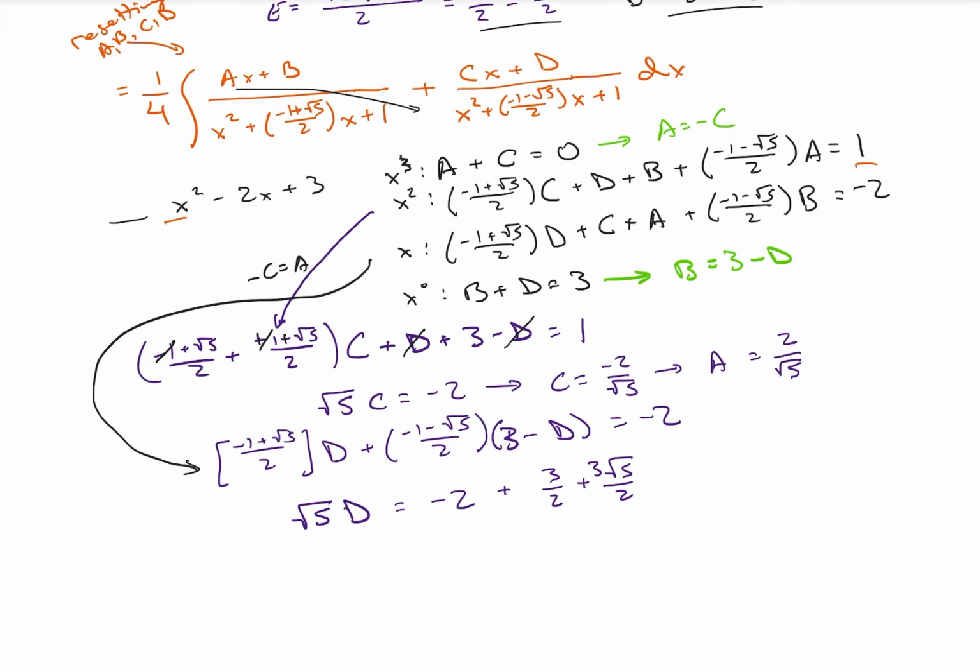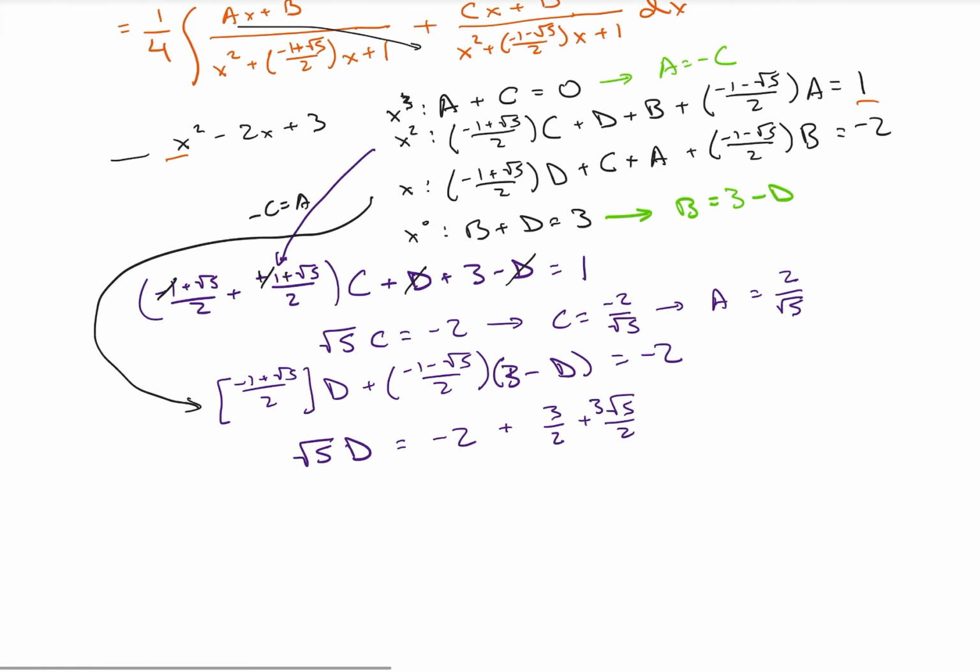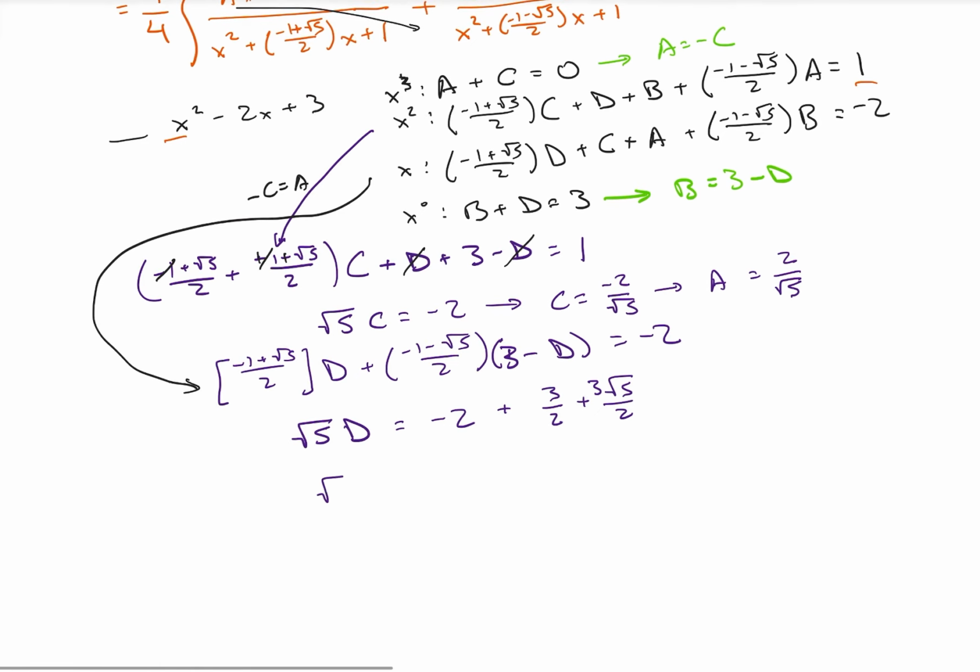All right, so make sure I did that correctly here. Okay, so I come through, and if I add these up, I'm going to get root 5 times d is equal to negative 1/2 plus 3 root 5 over 2.